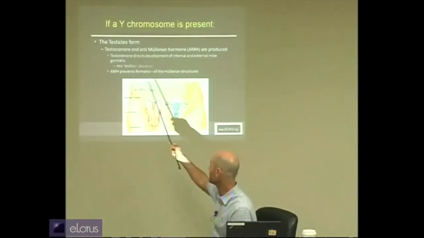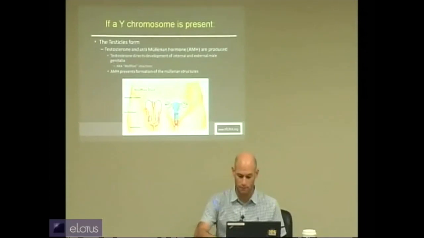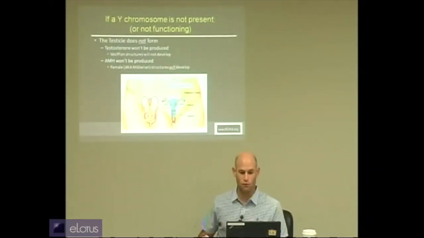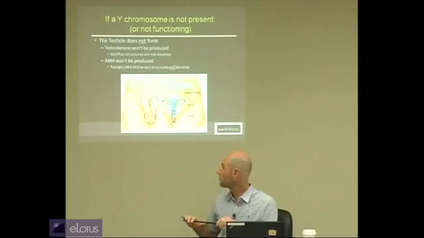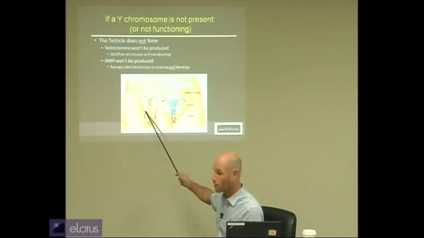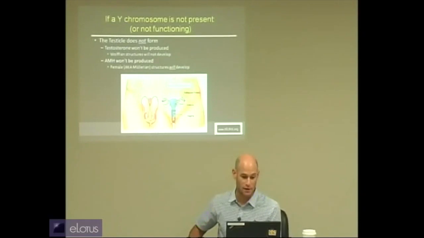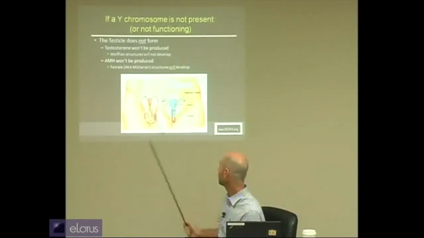The AMH, the anti-Mullerian hormone, prevents production of these. If the Y chromosome is not there, or in some situations not functioning, then the testicle doesn't form. Testosterone is not produced, and so these will not form, and the anti-Mullerian hormone will not be produced, allowing these to form.